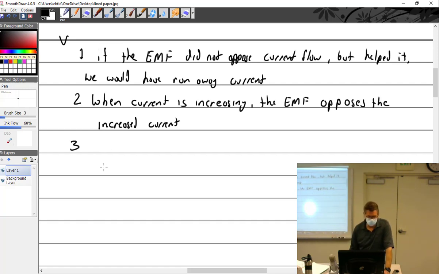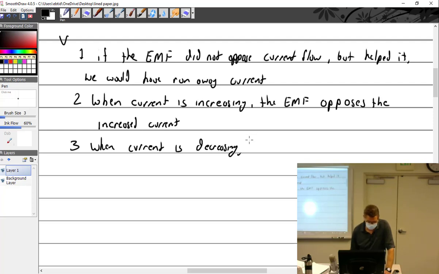But then we'll turn it around. When current is decreasing, it becomes a lonely old cat woman. Please don't go. Or cat man, I don't care.